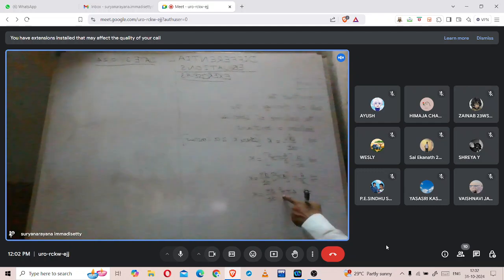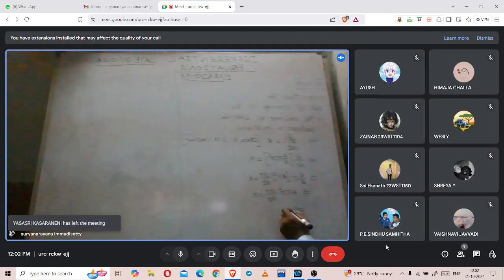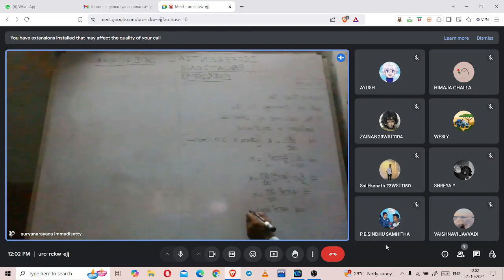This is the r function into dr, so send dt across. 4 pi r square dr is equal to k dt. We separated the variables, where r and t are the variables.